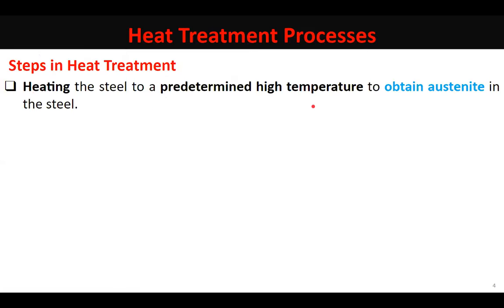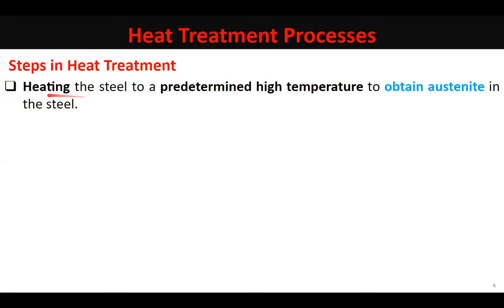It depends upon whether you want a 100% austenitic structure or a partial austenitic microstructure. If you want a 100% austenitic structure, then you will have to select a heat treatment temperature beyond the upper critical temperature of the steel.